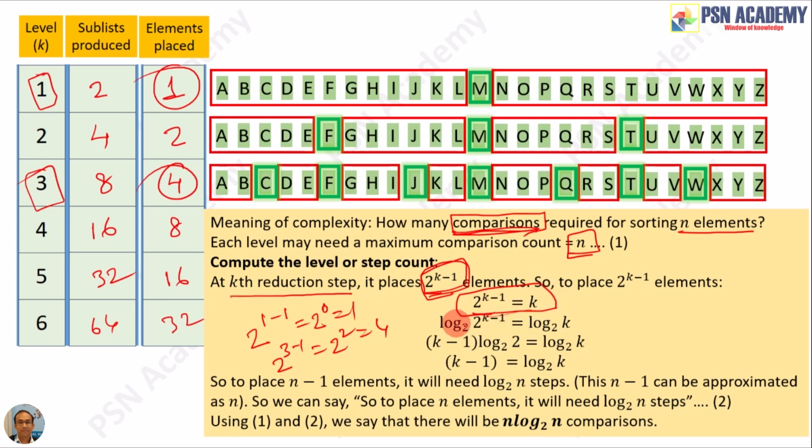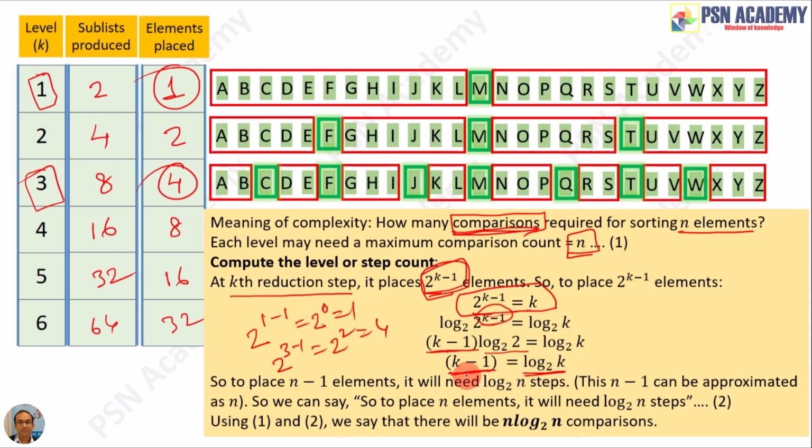Now you take log on both the sides with the base 2. So log of 2 raised to k minus 1 base 2 equals log of k base 2. Now bring this k minus 1 over here in front. Then the remaining part is log of 2 base 2, and on the right hand side it remains same. Now log of 2 base 2 is 1, so k minus 1 comes over here and log of k base 2 remains as it is.